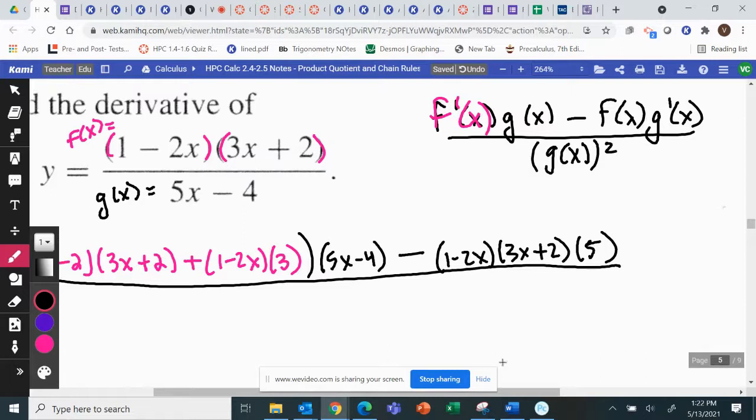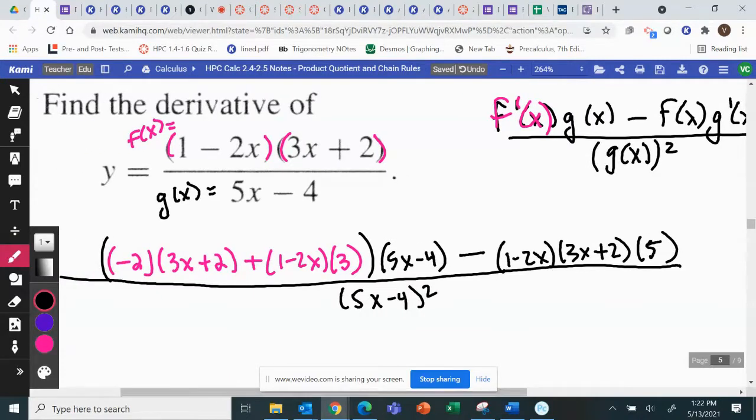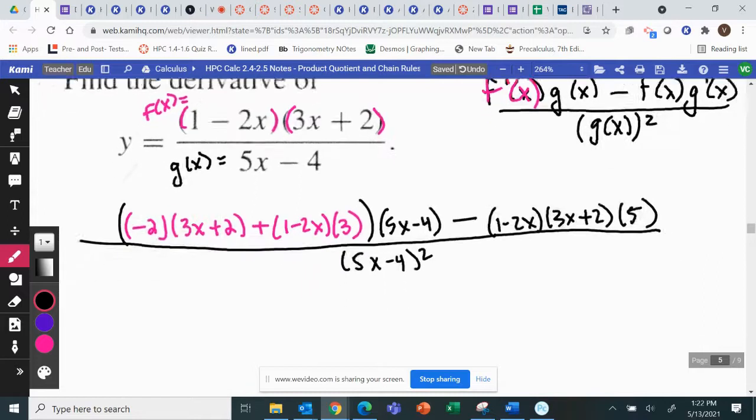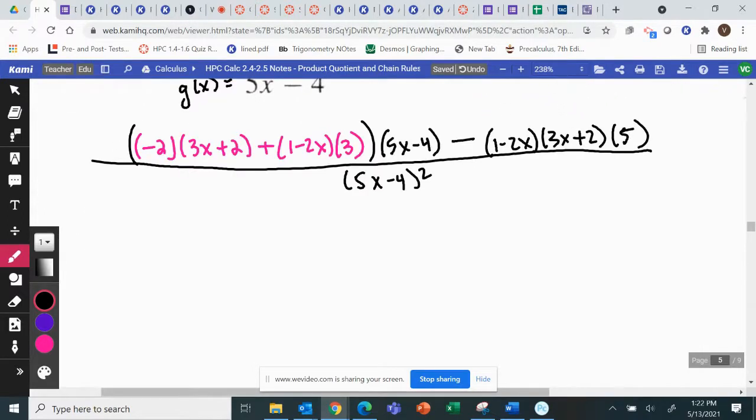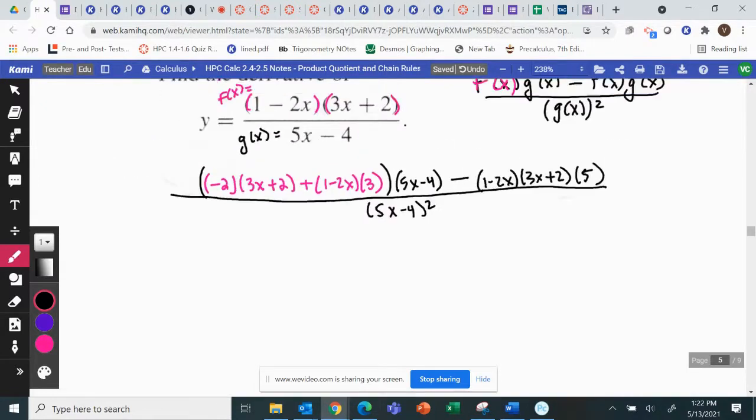All over 5x minus 4 squared. Okay, question about how I set it up. Okay. So now we've got a bunch of just, I mean, this is the derivative here. So we've got a bunch of simplifying.